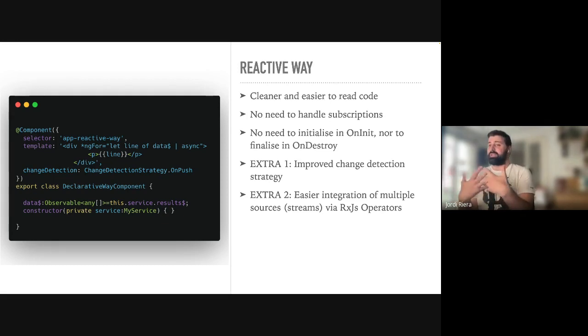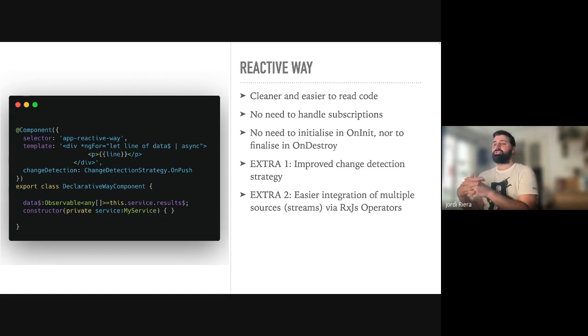You just use that observable in the template with the async pipe, and that's it. So as you can see, less code, more effective, cleaner, and even with more advantages, because if you look carefully, you will see that now the component can leverage the change detection.